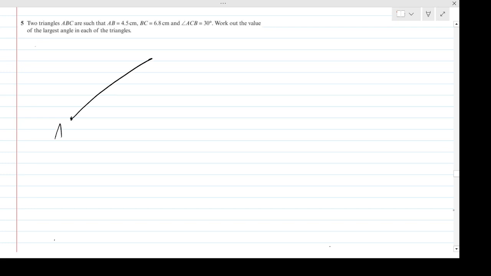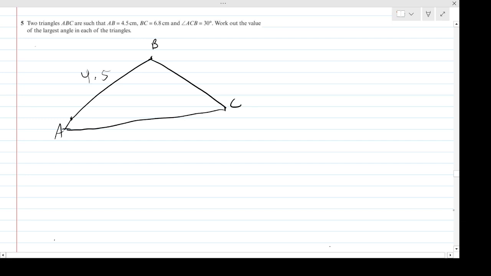So if I have the point A, then the point B, say here, and then the point C here, and therefore I've got my triangle by connecting the points there. So firstly, AB is 4.5, so that's here, and BC is 6.8, and I've also given angle ACB is 30.